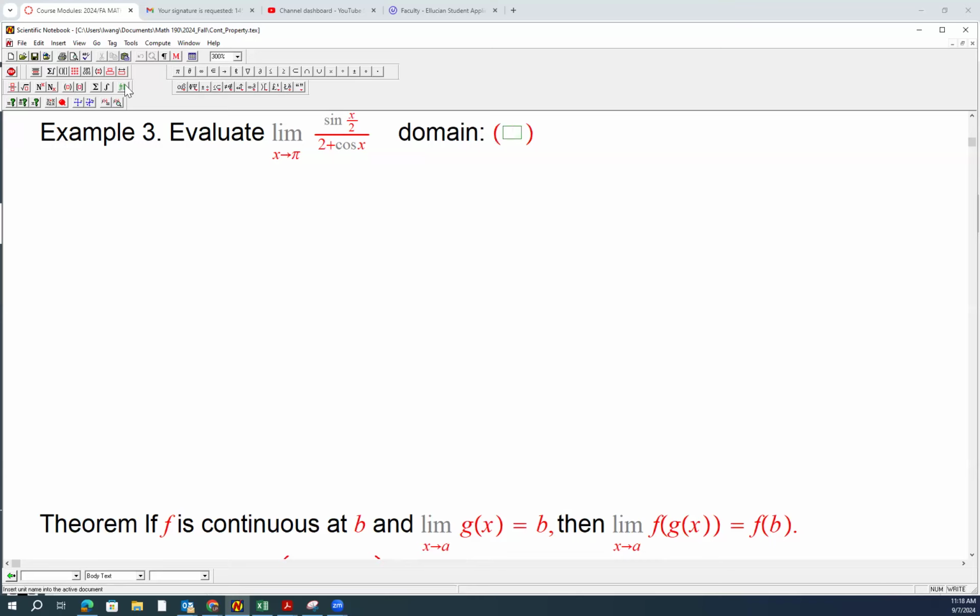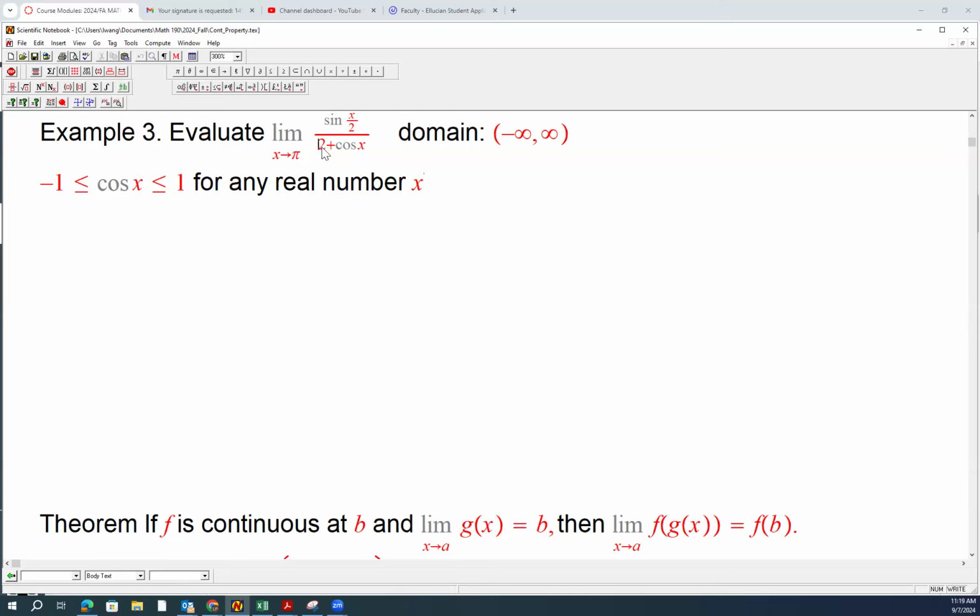Why is the domain all real numbers? Because cosine x is between -1 and +1, for any real number x.